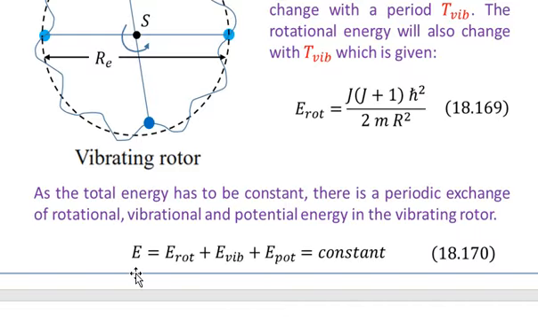E on the left hand side is the total energy of the molecule, and on the right hand side it is composed of the rotational energy E rot plus E vib, which is the vibrational energy of the molecule, and E pot, which is equal to the potential energy of the molecule. So the sum of these three quantities is equal to constant. So when, for example, E rot changes periodically, then of course the other quantities will also change in such a way that the total energy E on the left hand side remains constant.